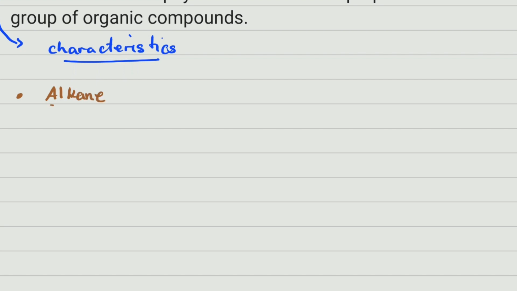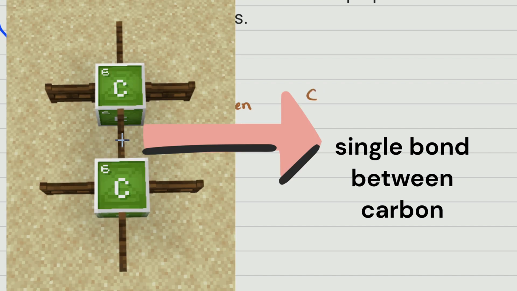We already spoke about alkanes. Now, alkane has the characteristic that all the atoms involved are only carbon and hydrogen. Only carbon and hydrogen, and there are only single bonds between carbons.